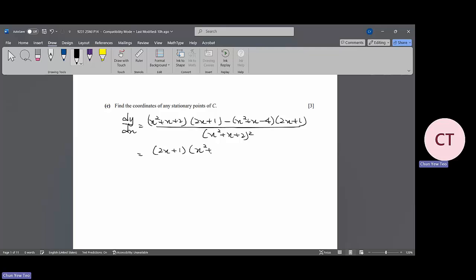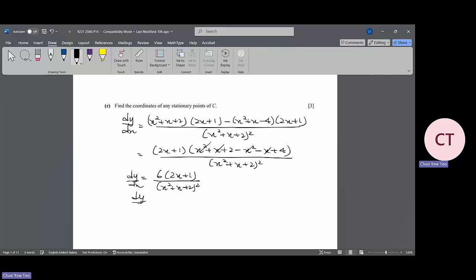You have x squared plus x plus 2 minus x squared minus x plus 4, divided by x squared plus x plus 2 squared. So you will cancel and get 6 times 2x plus 1 divided by x squared plus x plus 2 squared. That is your dy/dx.